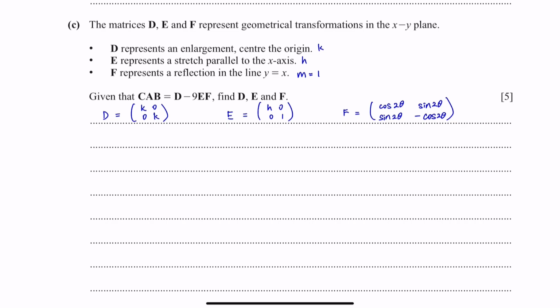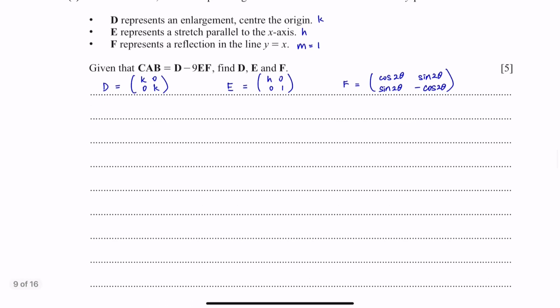So what is this theta? We can find it by using m equals tan theta, and m, as I said just now, is equal to 1. So tan theta equals 1, and theta in this case is 45 degrees.